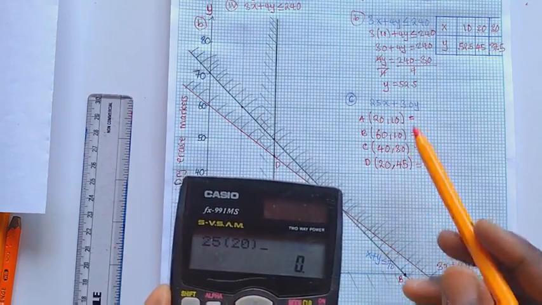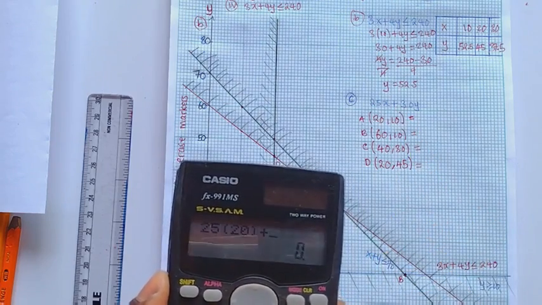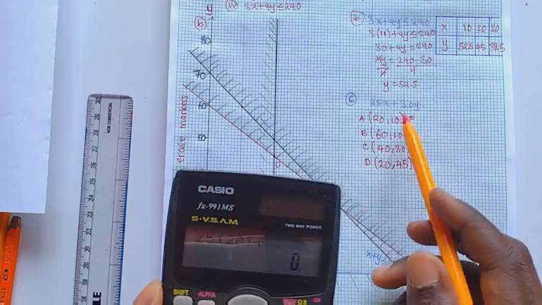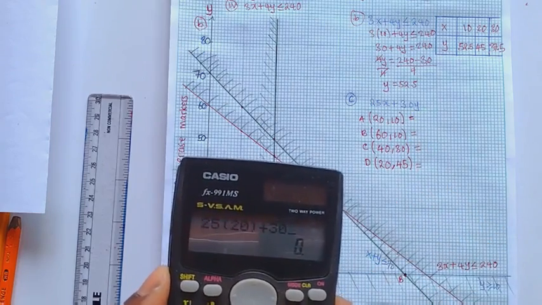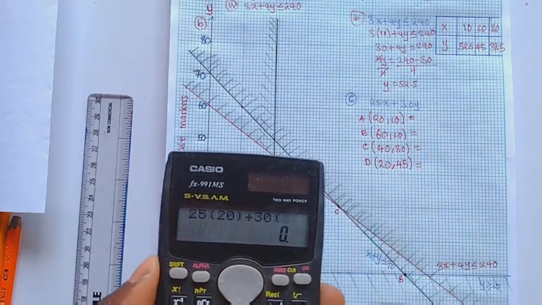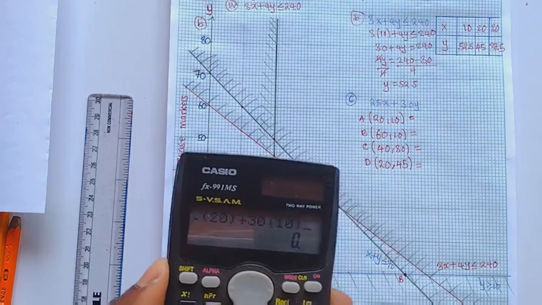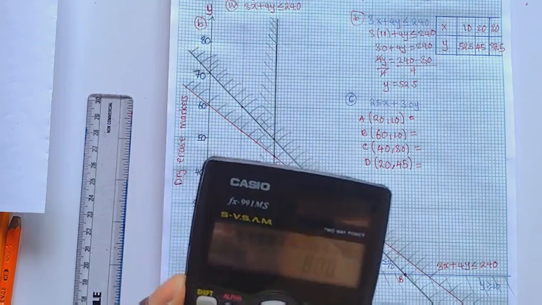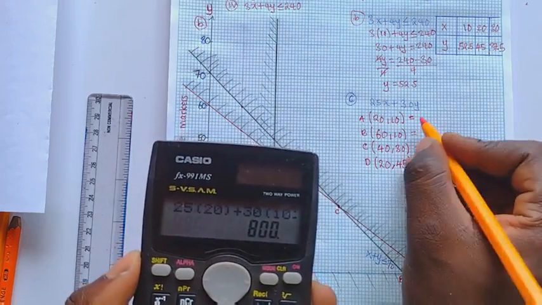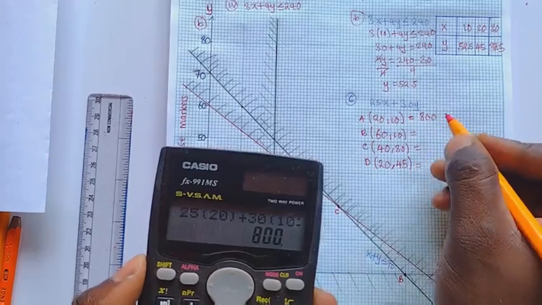Then here there is a plus, so plus cross, you have a 30, so 30 open bracket. Then y is a 10, you close. So you get the value 800. So here you write 800.